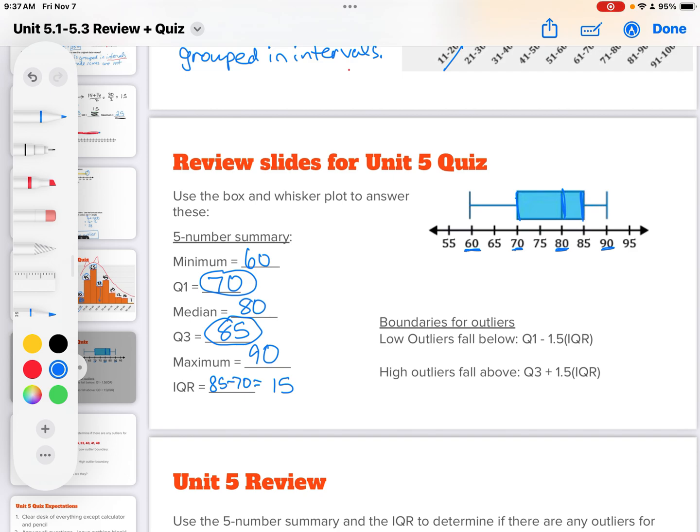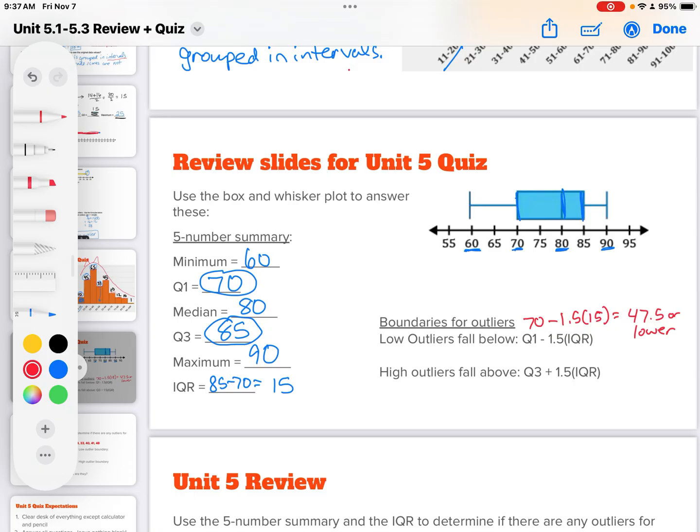To get your outlier bounds, for the low ones, you take Q1, which is 70, minus 1.5 times 15. I'm going to use my calculator and do 70 minus 1.5 times 15. We get 47.5. So any score that is 47.5 or lower will be considered an outlier.